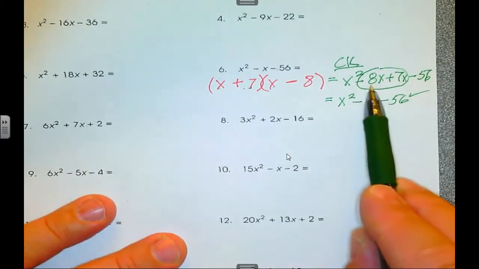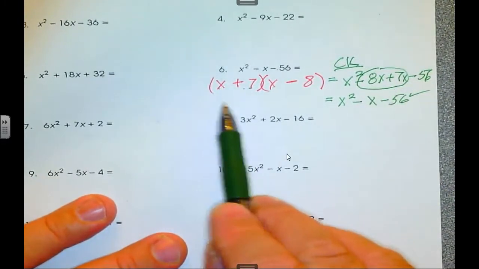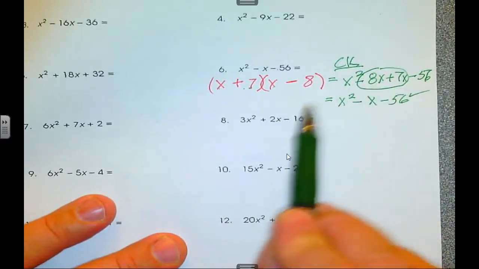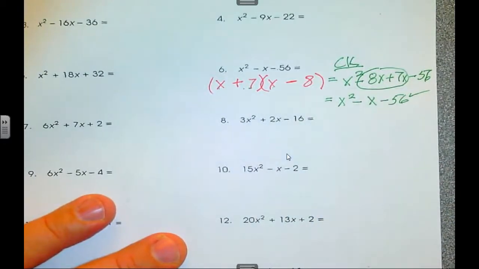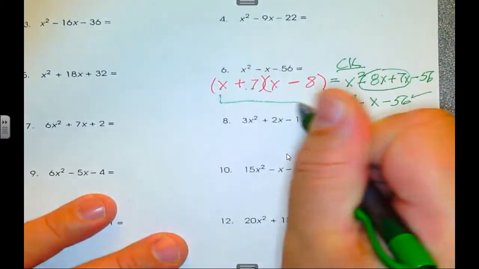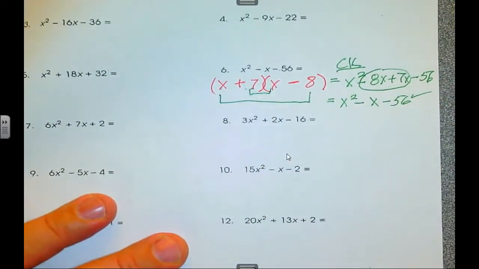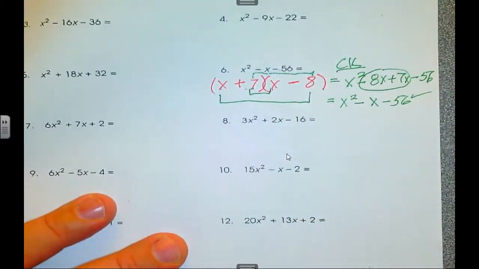That's outer. That's inner. Outer, x times minus 8, minus 8x. Inner, 7 times x, positive 7x. Outer, inner. Last, 7 times negative 8.